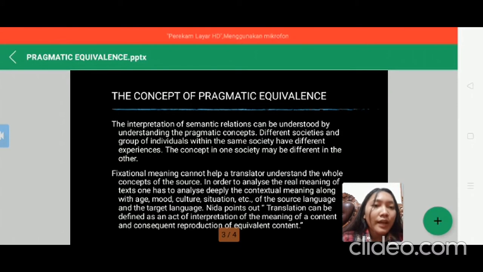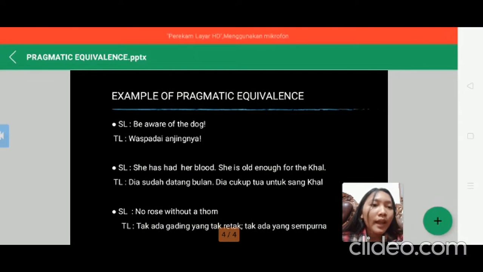In order to analyze the real meaning of the text, one has to analyze deeply the contextual meaning along with age, mood, culture, situation, and anything else of the source language and the target language. Nida points out, translation can be defined as an act of interpretation of the meaning of a content and consequent reproduction of equivalent content.